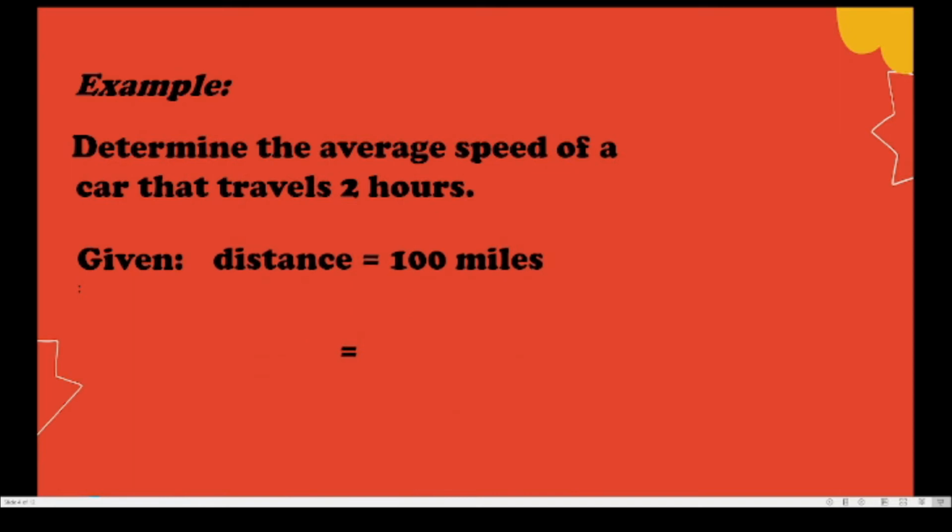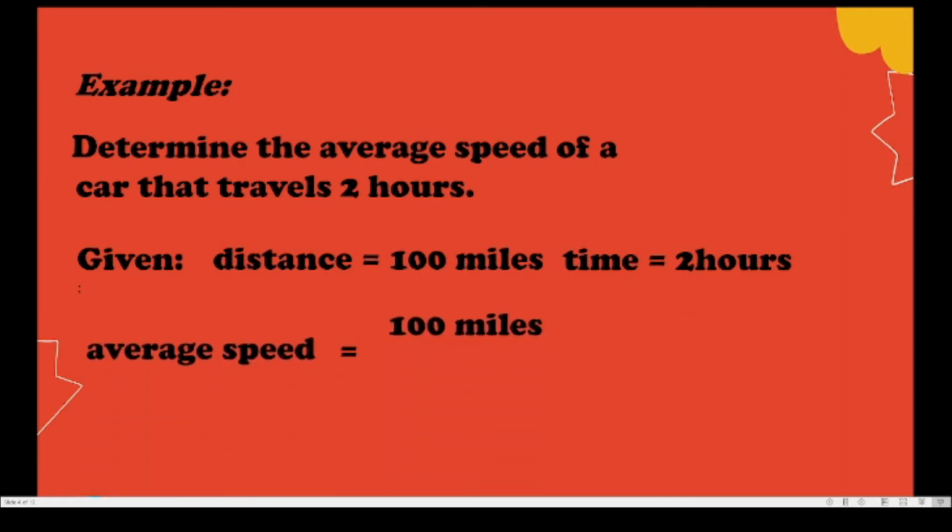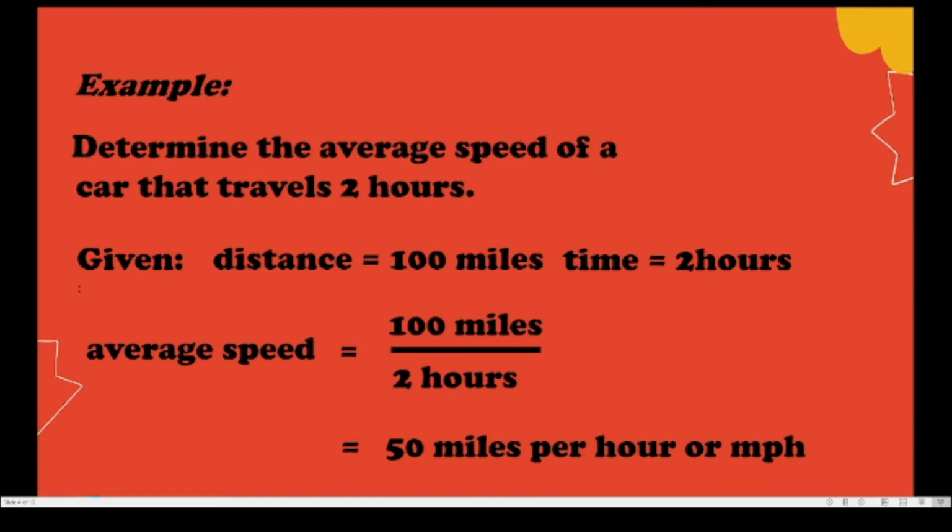Given, distance is equal to 100 miles. Time is 2 hours. Average speed is equal to 100 miles over 2 hours. The answer is 50 miles per hour or mph.